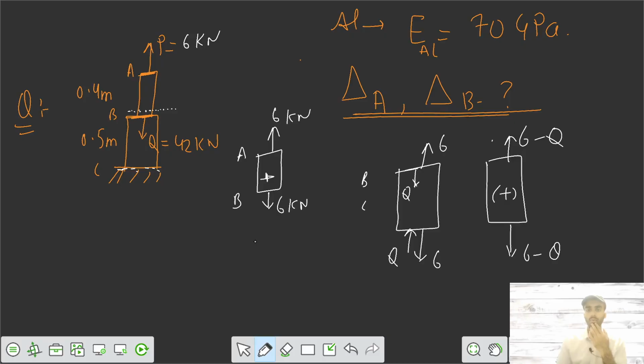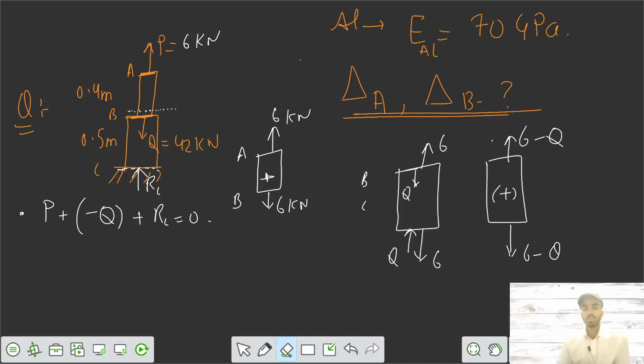I don't know the value of Q. We have another force equation: P plus Q. Now P is upwards, P plus Q is downwards. Assume the reaction at C is upwards, RC plus, equals 0.